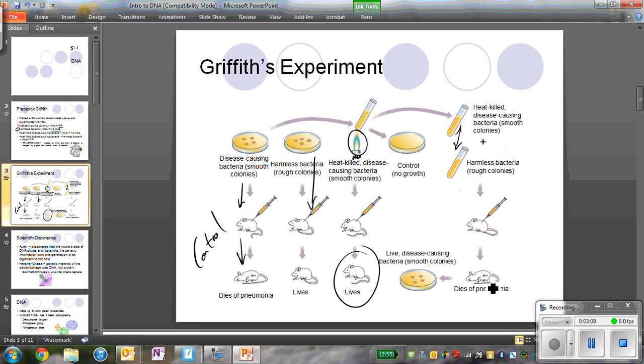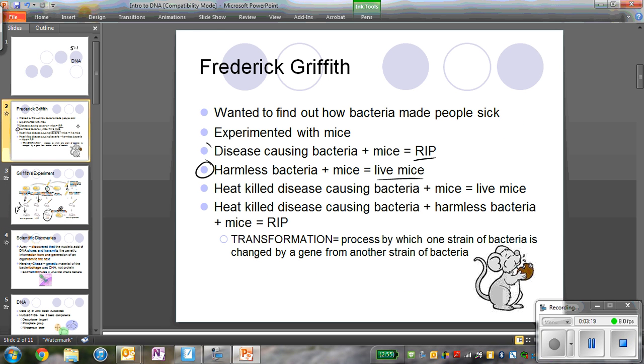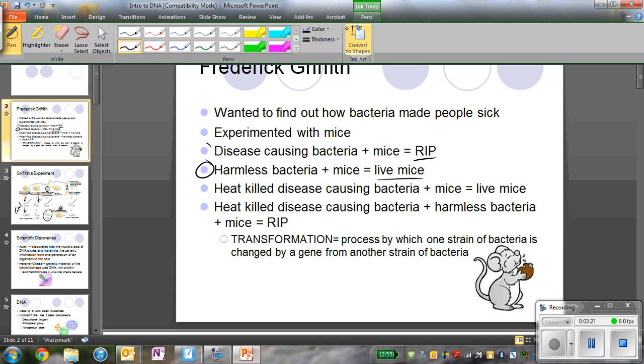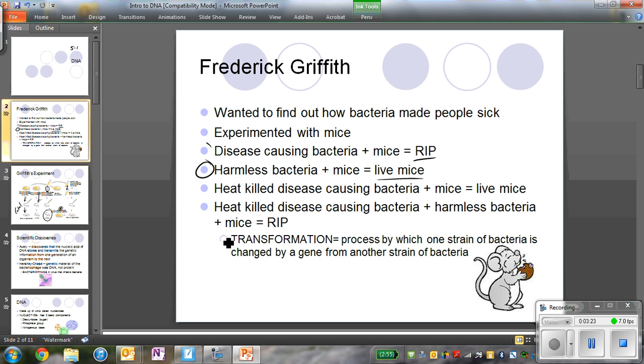When he dissected the mouse, he discovered that there were disease-causing bacteria in there, even though he had killed them previously. So what he had ultimately discovered here, going back to the first slide, is transformation, and that's the note at the bottom. Transformation is the process by which a piece of DNA in a bacterial cell gets changed from one bacteria to another.